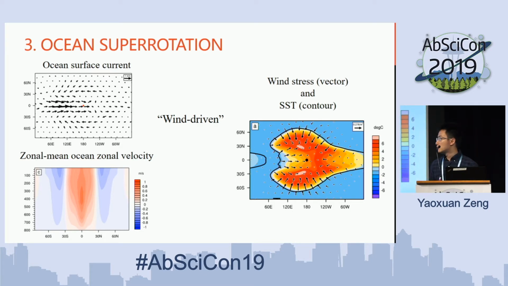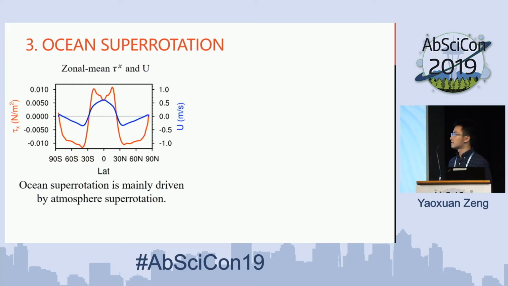If we calculate the zonal mean results, we find that the wind stress, the red line, is also eastward at low latitudes. So we may conclude that the ocean superrotation is mainly driven by the atmosphere superrotation. However, our story is not that simple, because there are some differences between the atmosphere and the ocean. In the atmosphere, there are two jets, while in the ocean there is only one jet. So there must be some inner adjustment within the ocean.